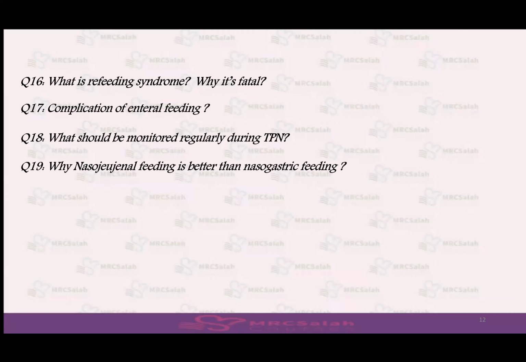Also, nasojejunal tubes are normally, I think, slightly thinner as compared to nasogastric feeding tubes. Because it bypasses the stomach, it gives rest to the stomach, avoids the gastric phase of stimulation, and doesn't stimulate the pancreas. It is the best for pancreatitis patients.